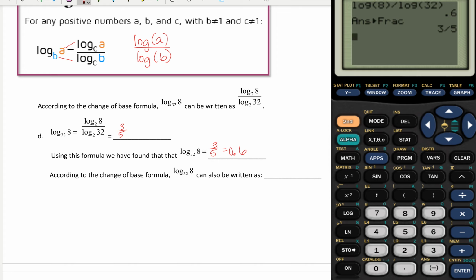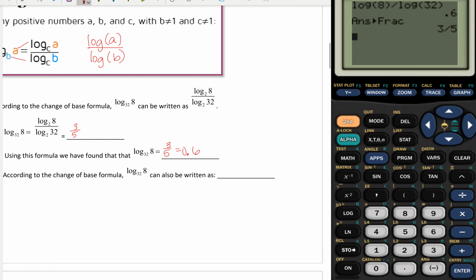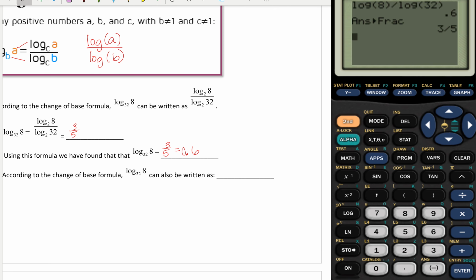Okay, and according to the change of base formula, log base 32 of 8 can also be written as log 8 over log 32, or it can be natural log of 8 over natural log of 32.